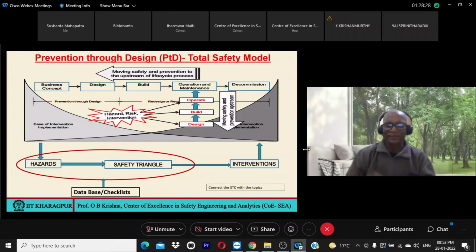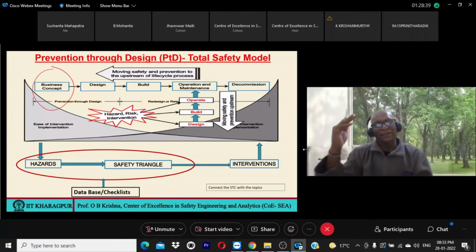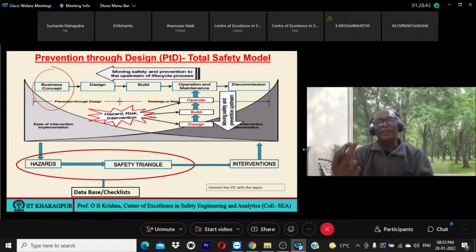What does it say? In the total life cycle of the industries and equipment, you have the business concept. I should bring a steel industry to India. I should make a mobile which a common man should be able to use. Business concept.